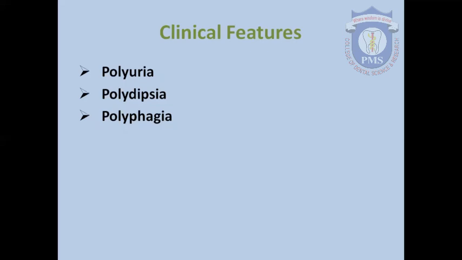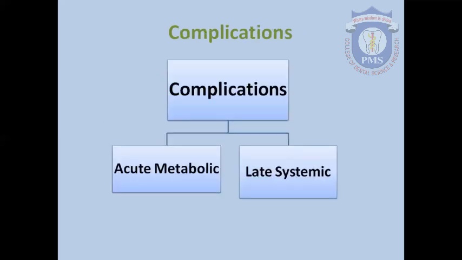Clinical features include polyuria, polydipsia, and polyphagia. Complications of diabetes mellitus. These complications can be broadly classified into acute metabolic complications and late systemic complications.